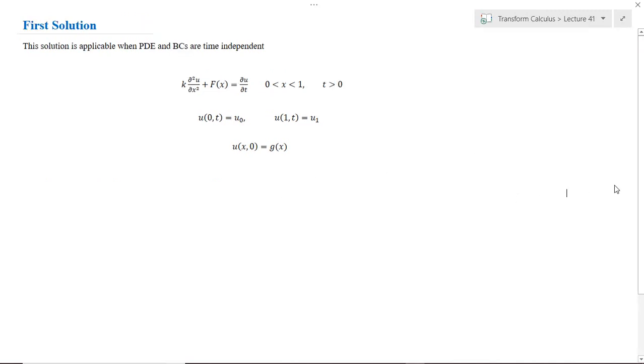The first technique is applicable when the partial differential equation and the boundary conditions are time independent. For example, here we have the partial differential equation k times the second derivative of u with respect to x, plus f of x, equal to the derivative of u with respect to t. The term f of x, which makes the equation non-homogeneous, is time independent.